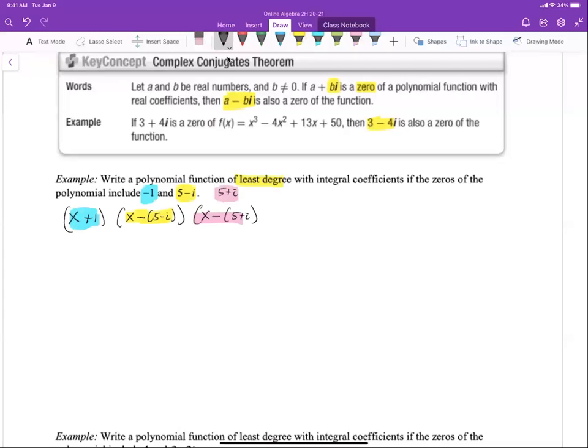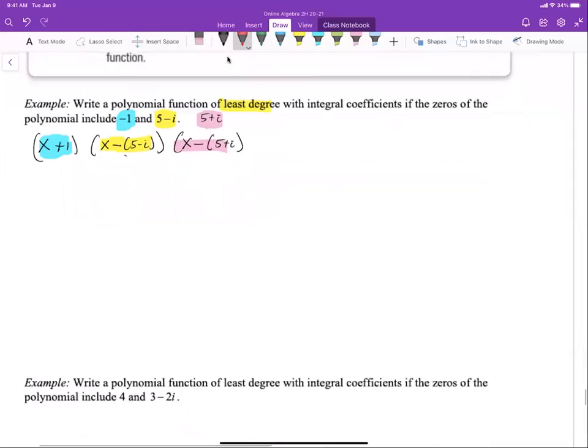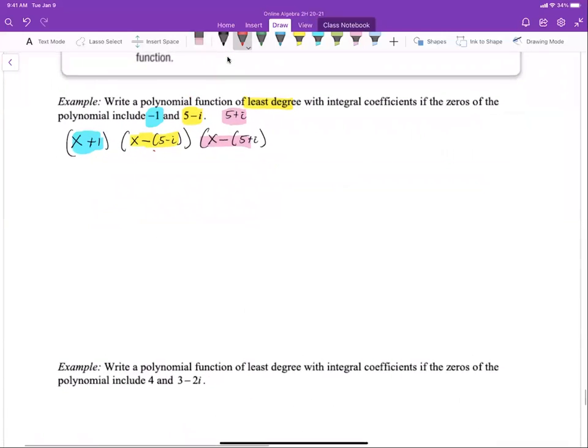Now we have to simplify that. We have to carry the negatives through. So let's rewrite this: x plus 1, then x minus 5 plus i, and then x minus 5 minus i. So that's what I have to work with.